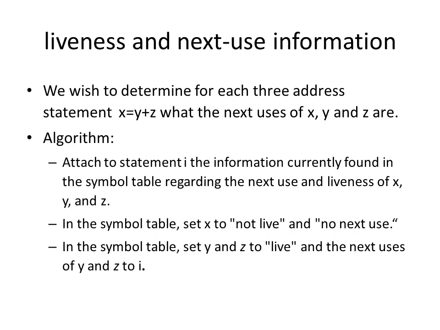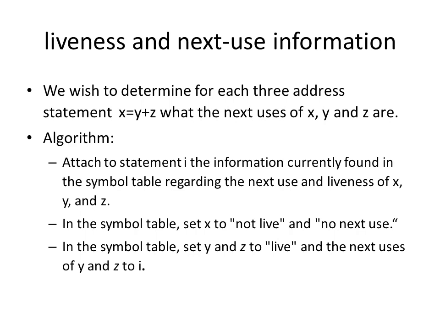Liveness and next use information. We wish to determine for each 3 address statement x is equal to y plus z what the next uses of x, y and z are. Algorithm: attach to statement I the information currently found in the symbol table regarding the next use and liveness of x, y and z.